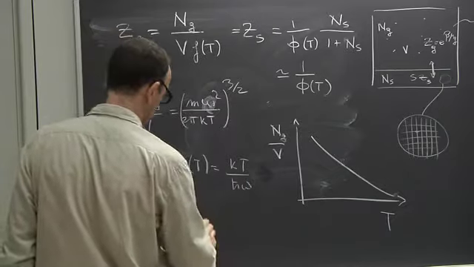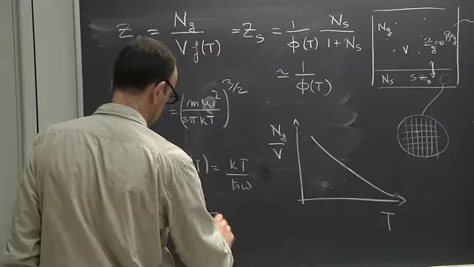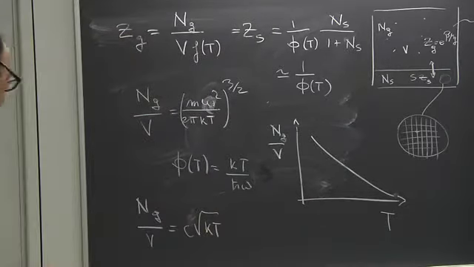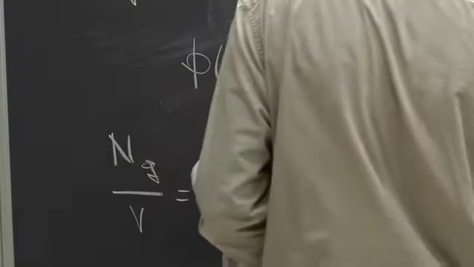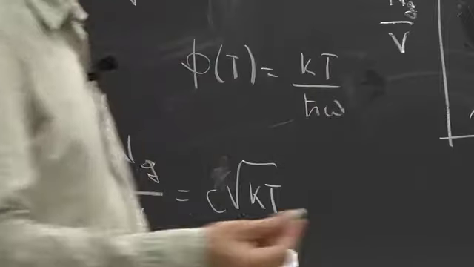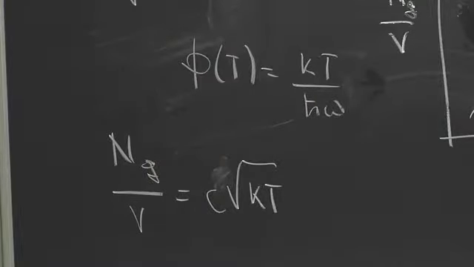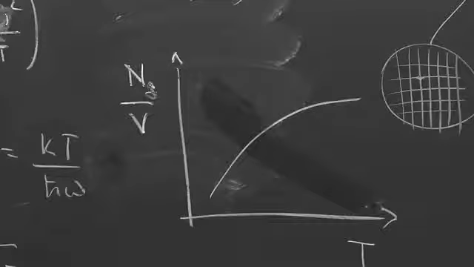This would have been the square root of kT. Okay. And so you would have something like this, okay, which is more realistic. Okay.